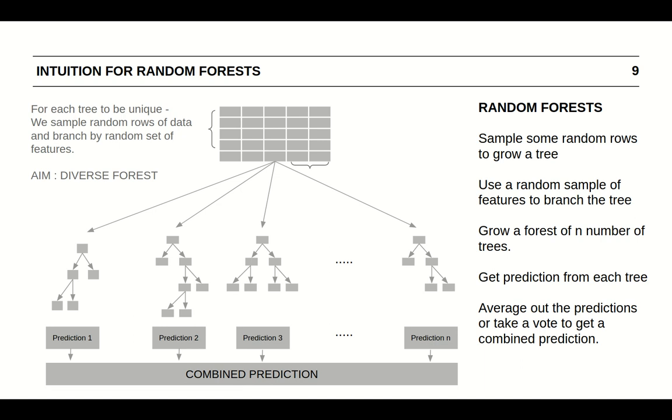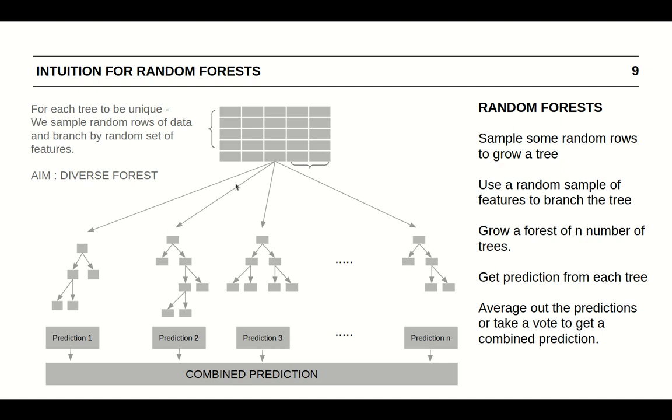Now, each tree has to be a little unique in its own way, and hence we would want these trees to be grown a little differently. We do this by methods like bootstrap aggregation, which we would discuss in the next video. For this video, we stick to understanding random forest.